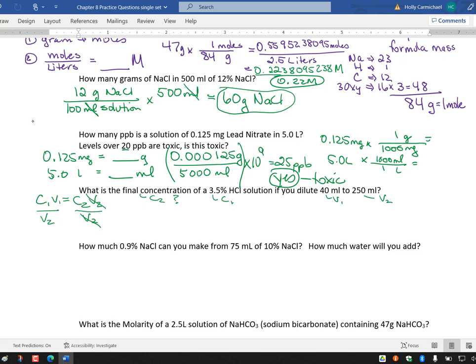So C1 is 3.5% times V1, which is 40 milliliters, divided by V2, which is 250 milliliters, and that should tell me what C2 is. So 3.5 times 40 divided by 250.